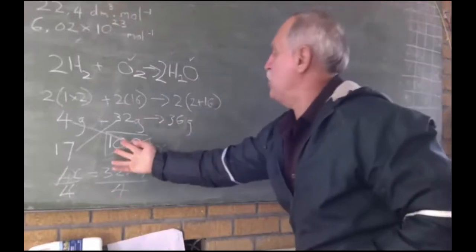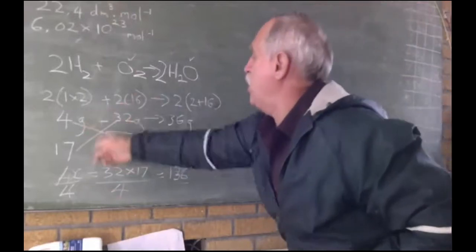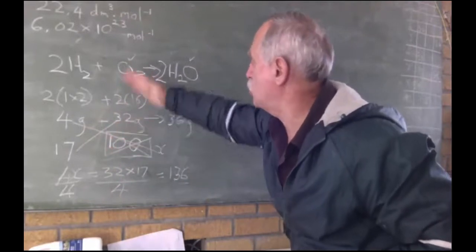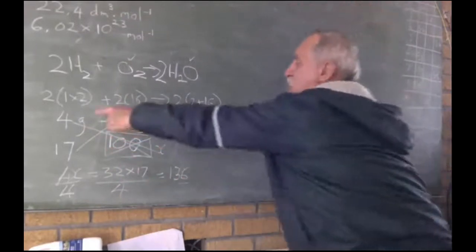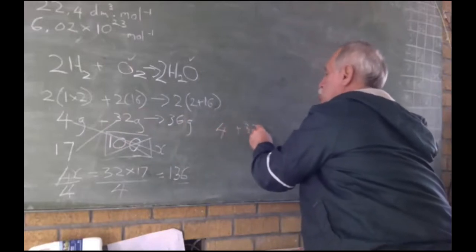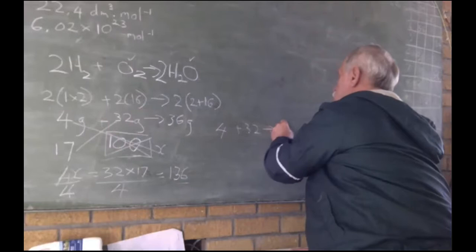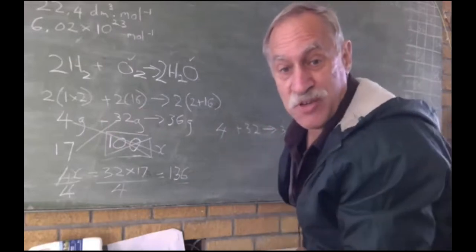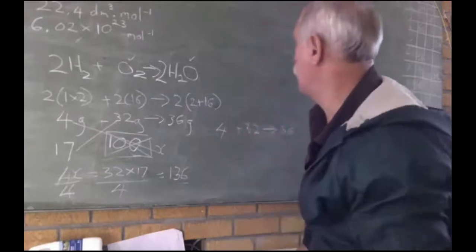Let's do the same thing as we did there with our 100 grams of oxygen. So I'm going to rewrite this: 4 plus 32 goes to form 36. I just want to see if this girl's method works. If it doesn't work, I'm going to blame her.